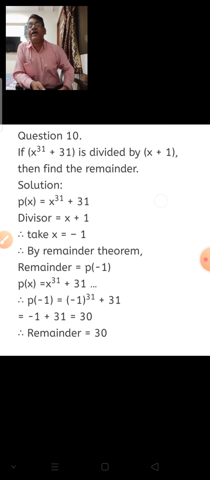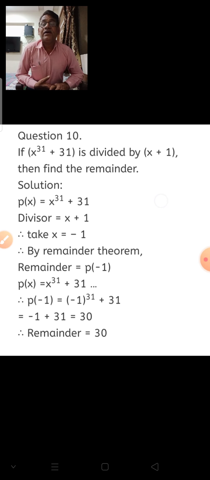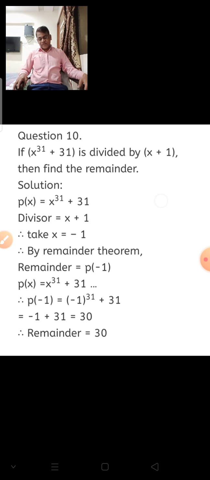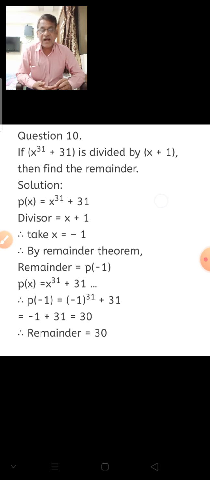We already completed the 10 sums, and the remaining sums 11, 12, 13 you have to solve as an assignment, and this is the assignment for internal assessment. Yesterday in geometry also I gave an assignment.